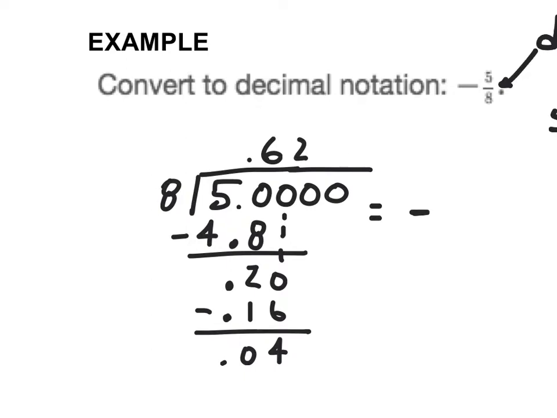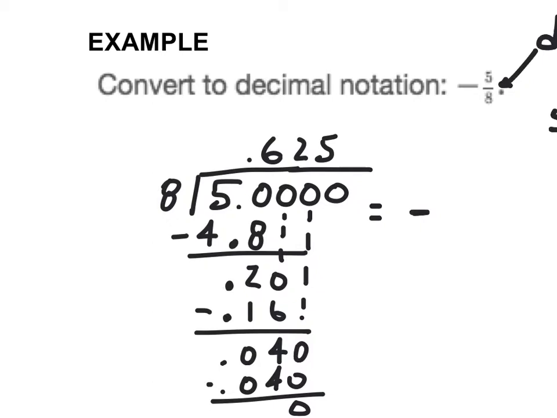I can't do that, so I drop down the other placeholder 0. Now how many times does 8 go into 40? I ignore this 0. 8 goes into 40 5 times, because 5 times 8 gives me 40. So 0.040, subtract, and I get a remainder of 0.